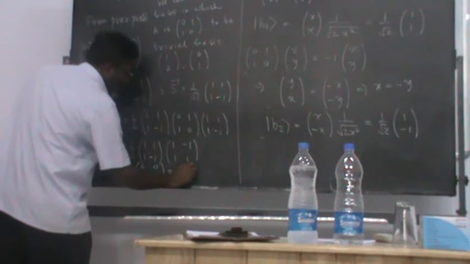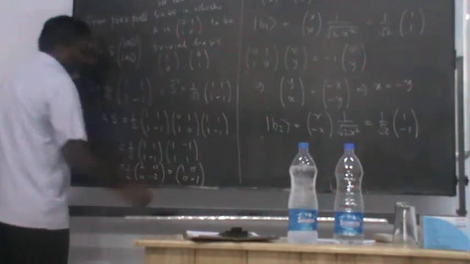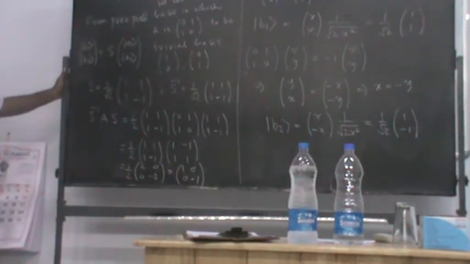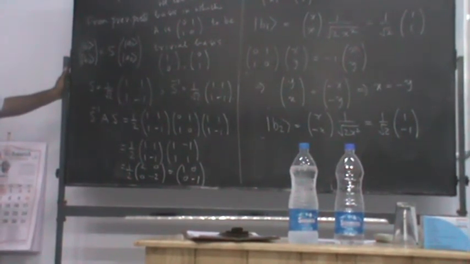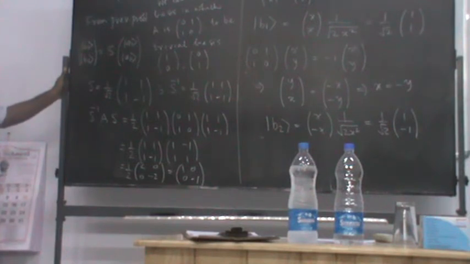So which gives you 1, 0, 0, minus 1. This is the diagonal matrix, where along the diagonal you have the eigenvalues, 1 and minus 1. Correct?